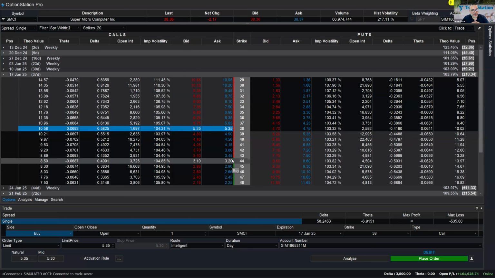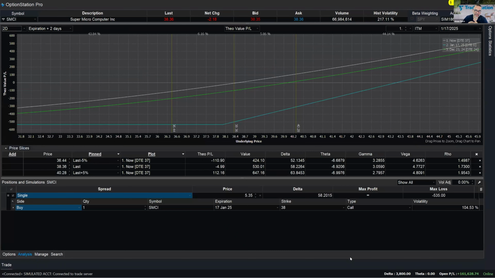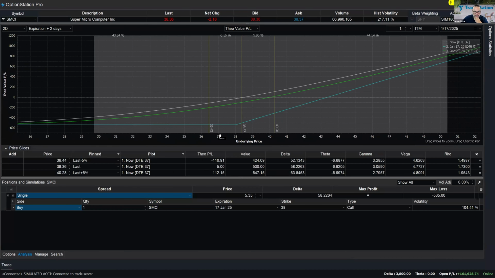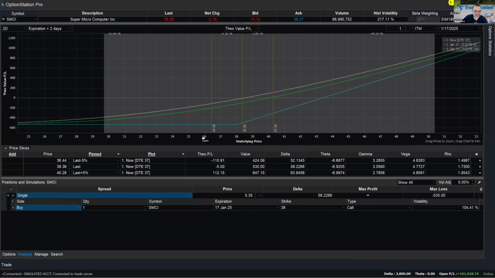This is also visible here when you go to analyze the trade. I'm going to click on analyze here, and this draws a graph for me. Now, the graph is very telling. Let me go ahead and squeeze the prices here. The prices of the underlying are right here at the bottom. Graphing an options position does tell you a lot about where profitability is and how much the price needs to move in order for you to be profitable.